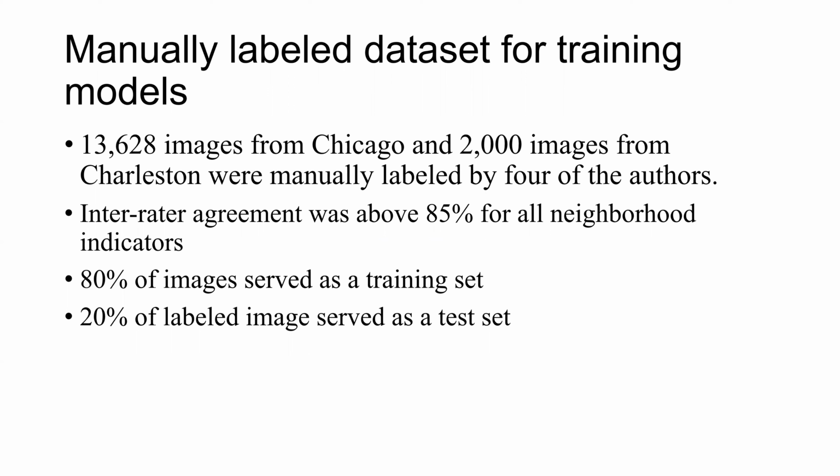Then we wanted to see whether it performed well for all three cities, but we soon realized that the performance was less for Charleston, which is more rural than both Chicago and Salt Lake, and so it had a more difficult time, with lower accuracy for Charleston.